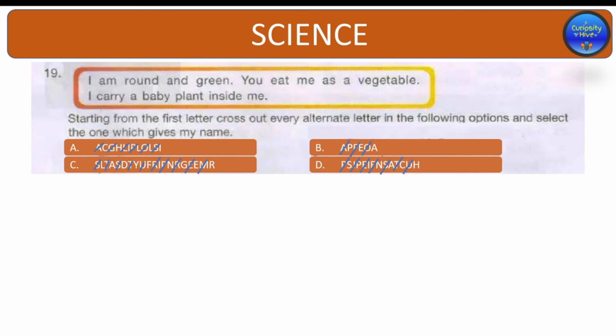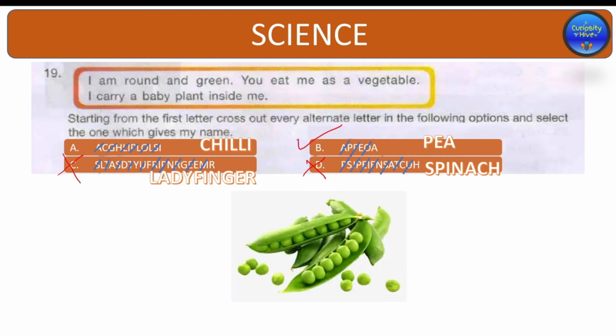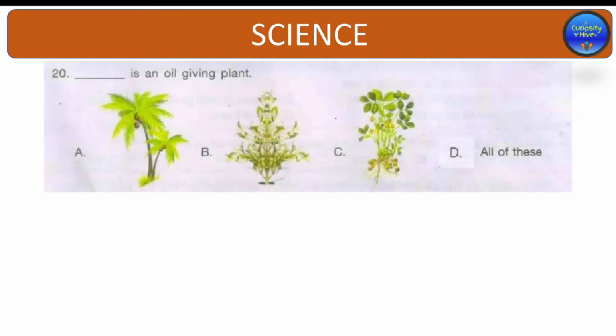When you cancel out the alternate letters, what you're left with are these. A is chili, C is ladyfinger, B is pea, and D is spinach. Definitely spinach is not round and green, and neither is ladyfinger. What is round and green is peas, and also it carries a baby plant inside. So option B is our right answer.